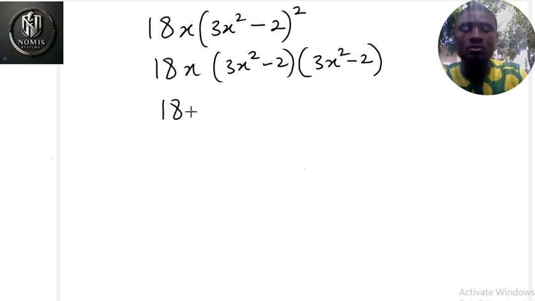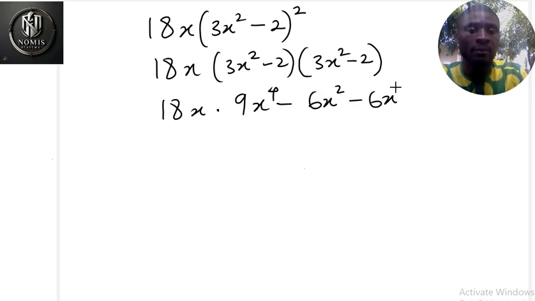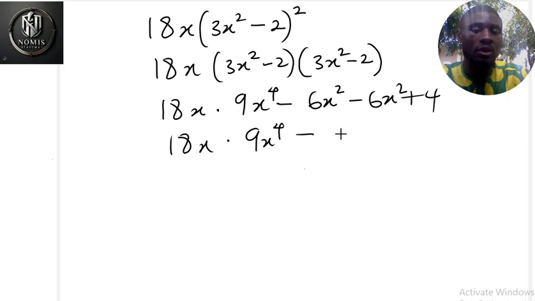So if you like, you have your 18x, 3x squared multiplied by 3x squared will be 9x raised to the power of 4, minus 6x squared, minus 6x squared, plus 4. Minus 2 multiplied by minus 2 gives plus 4. So I have 18x times (9x to the power of 4 minus 12x squared plus 4).